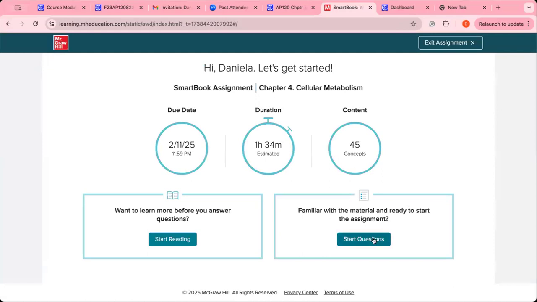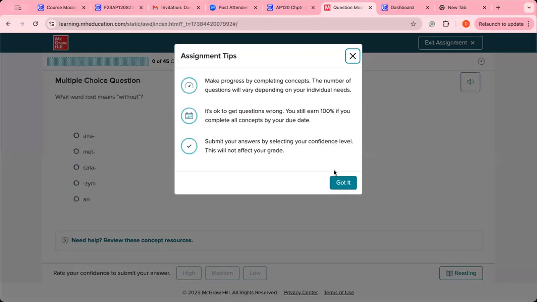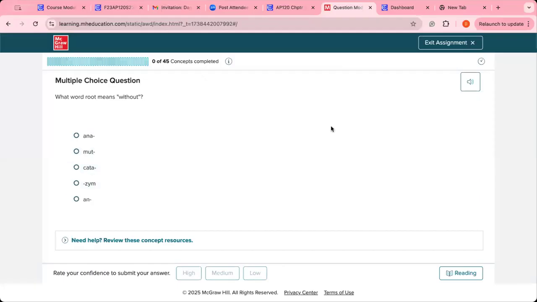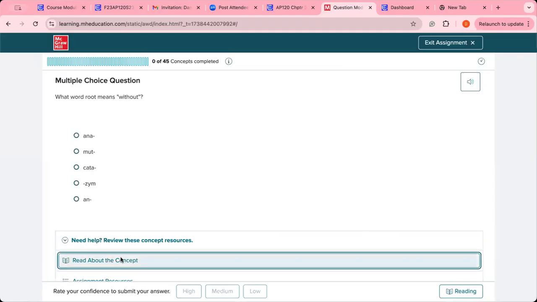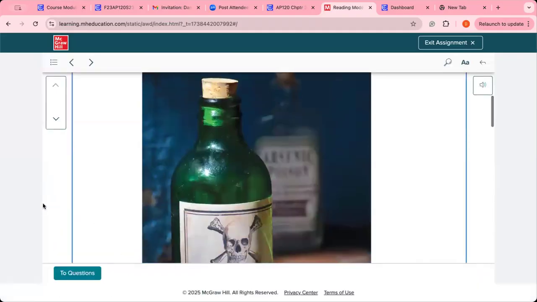Okay, let's see what we've got here. Oh, okay, more of the same. Which root word means without? Not sure if it's Anne or Anna here, but let's read about it and see.